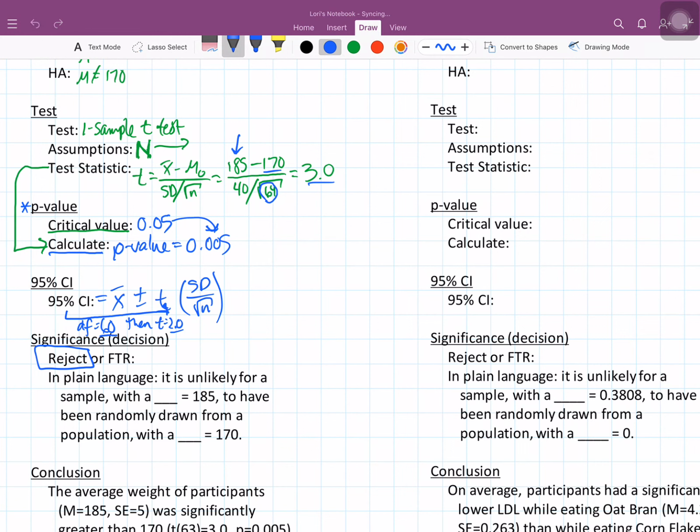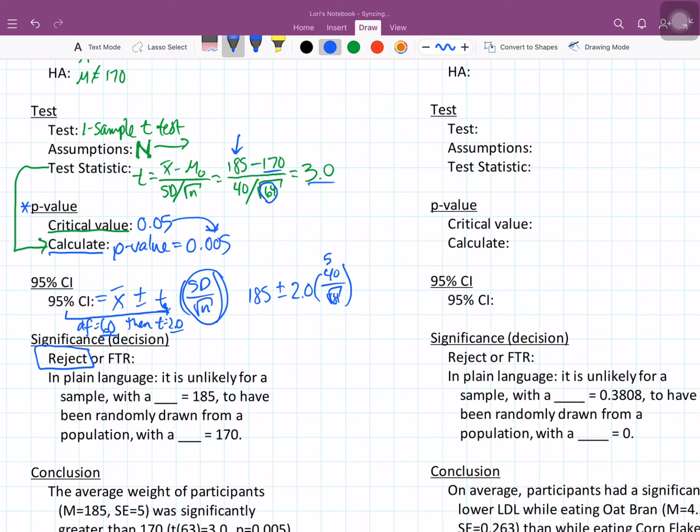So here we have our 95% confidence interval is equal to 185 plus or minus 2.0 times this value, which is 40 over the square root of 64, which, this quantity right here, 40 over 8, is equal to 5.